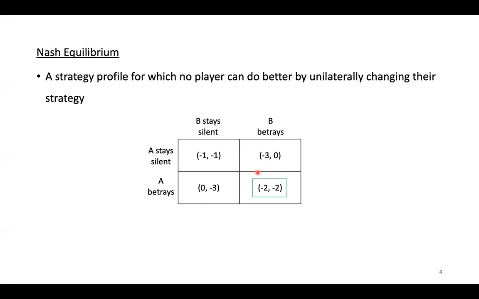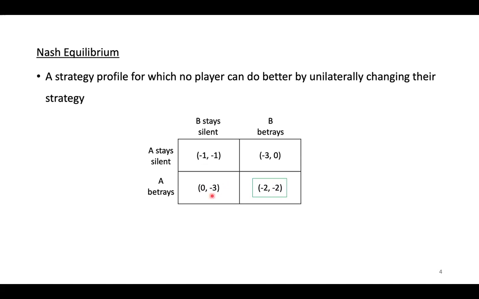My mistake. So if B betrays is fixed, then A cannot stay silent because in that situation he gets -3, but if he stays with betraying, he'll get -2, which is more than what he can get when he stays silent. Similarly, if we assume that A betrays, B cannot do better by moving to silent because again he gets -3 instead of what he's getting in the betraying part, which is -2.